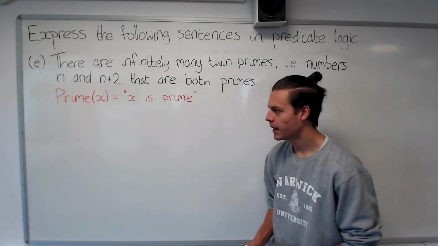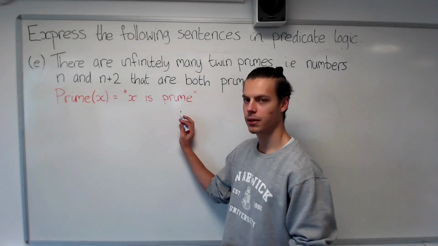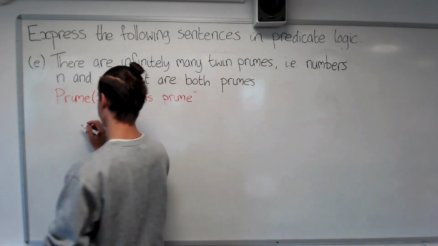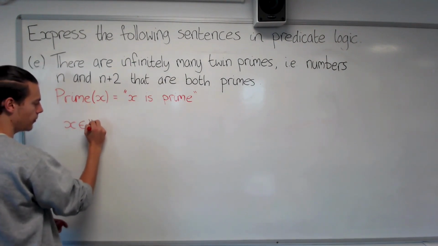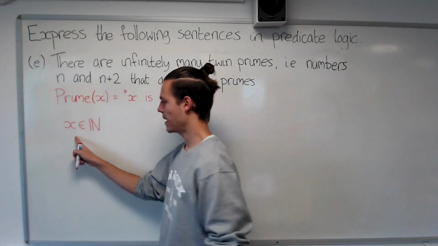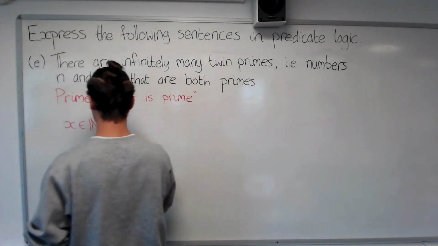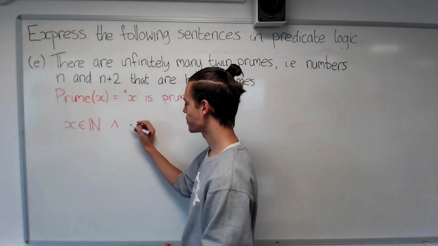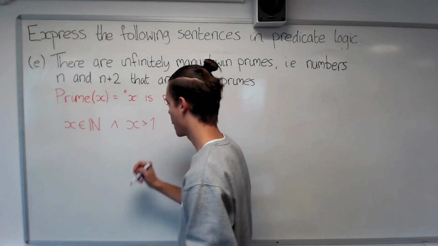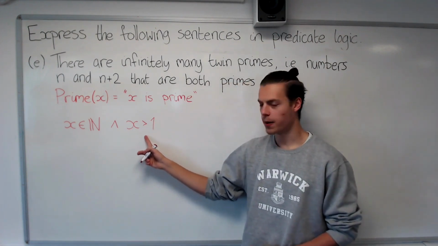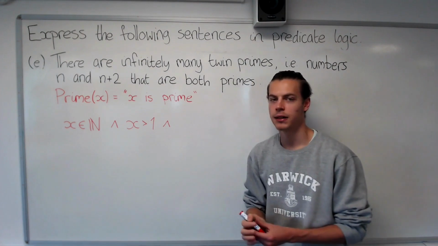So in logical notation, this statement can be written: x is a natural number and x is greater than 1 and this is the tricky bit.